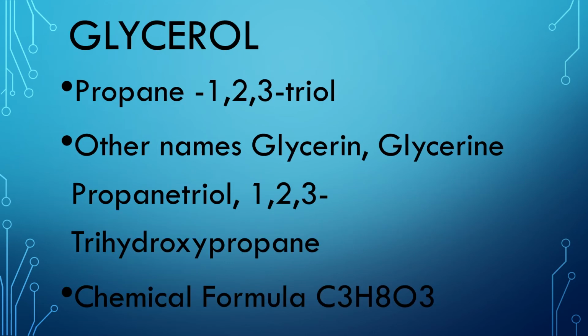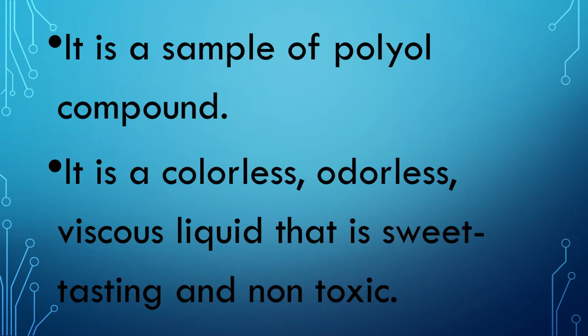So let us try to identify what is glycerol. Si glycerol, another name is propane-1,2,3-triol. It can be glycerine. Another chemical formula for this is C3H8O3. Si glycerol po, usually it is present in experiments.